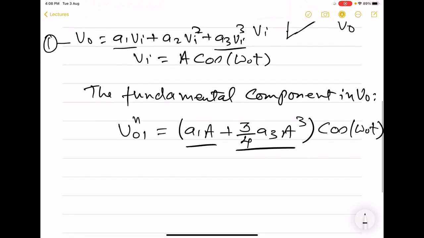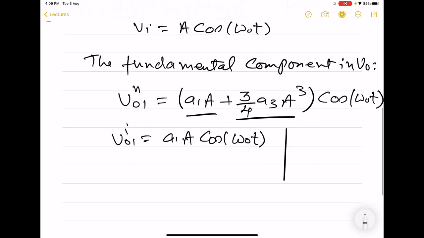And for the ideal case, what we should get is this thing. And it was also pointed out that usually the coefficients for higher powers are small. That means say A3 is going to be small. So this was pointed out. And now let me add another important point, that usually A1 and A3 will be of opposite sign.